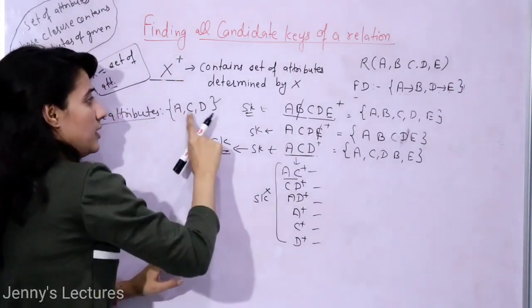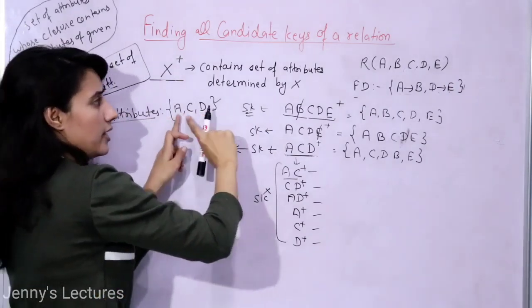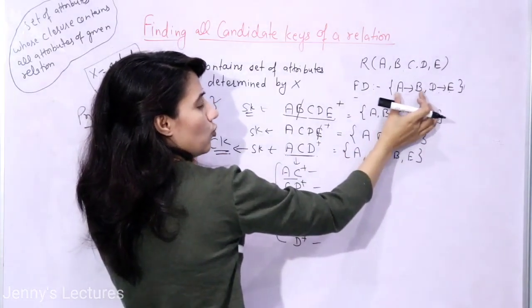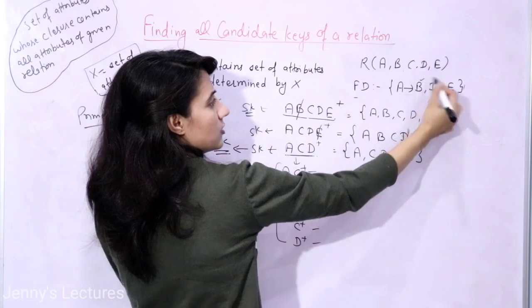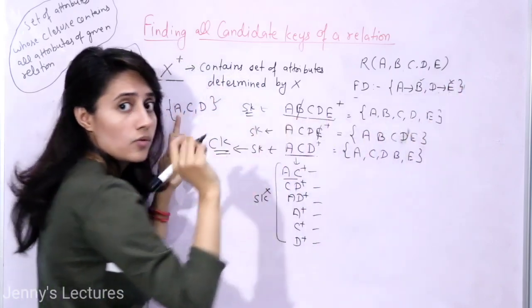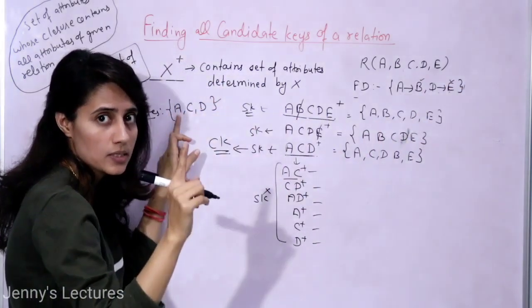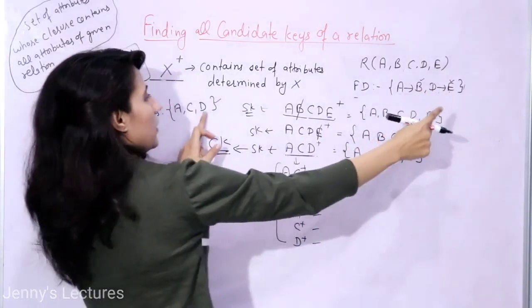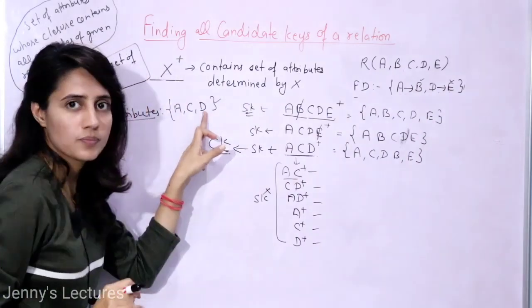Check A, C, D. Is A available on the right hand side of a functional dependency? Functional dependencies I have only 2, 1 and 2. Right hand side is this one and this one. Right hand side only, not left hand side. But A is not available. C is also not available. D is also not available, right?